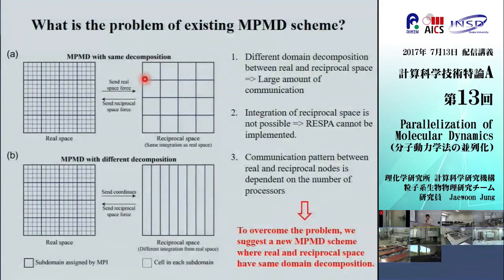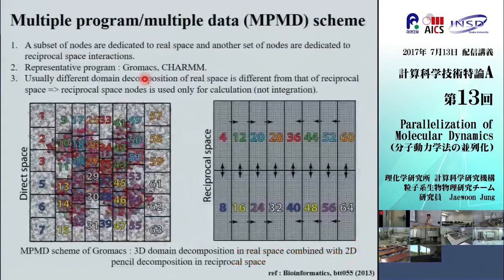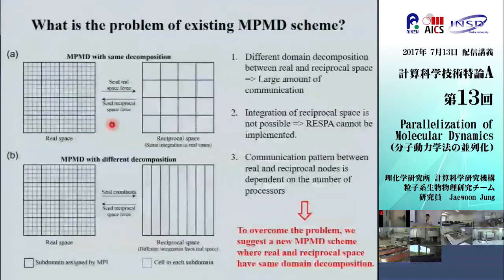Well, according to GROMACS or CHARMM, these processors are not involved in the integration. They just send the force data to real space, and that's all. But by assigning the same domain decomposition, we can first assign the processors for real space and reciprocal space interaction, and based on this, we can assign the multiple time-step integration.